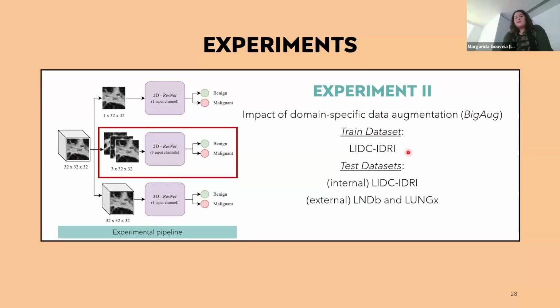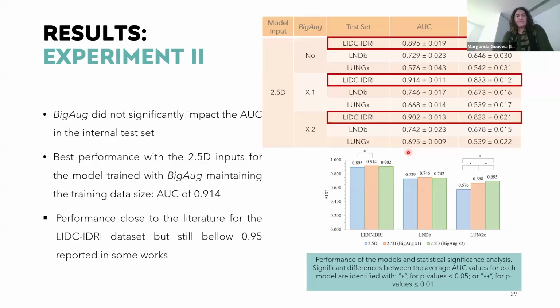So the second experiment was trying to use data augmentation. We considered the 2.5D models and basically used the same training settings. We only changed, well, started using data augmentation. So what we did was try 2 different levels of data augmentation.